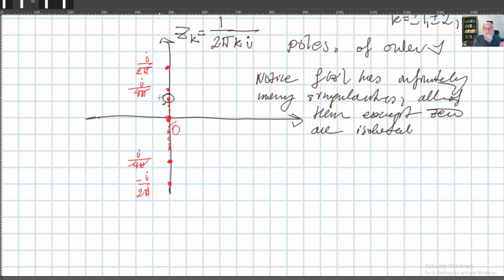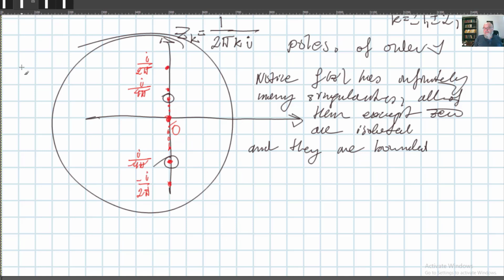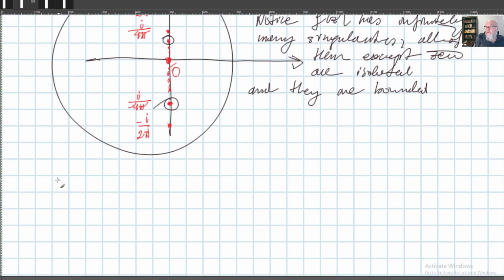You can always take a little disk around each, so that's isolated. And you can see also that they are bounded, clearly. Take any disk sufficiently large, and it contains them all. Okay, good. So we can actually apply the residue at infinity.